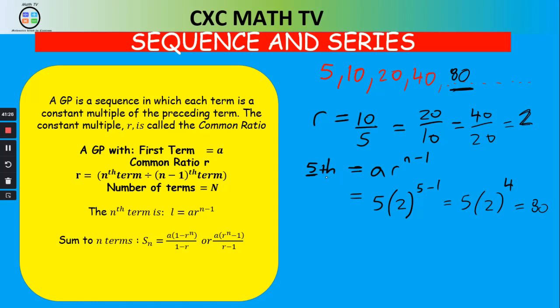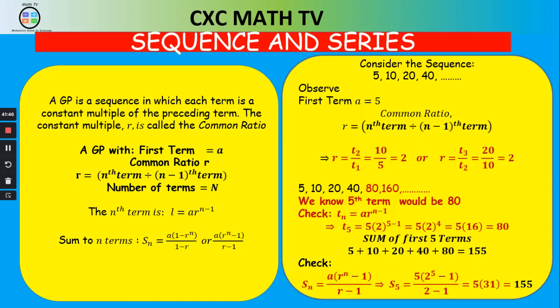This formula works out convenient because what if you want the 20th term? There's no way you're going to keep on listing out all of them. For the 20th term, you just say 5 times common ratio r to the 20 minus 1, which is to the 19. And you just input that in a calculator. That's all we're saying.